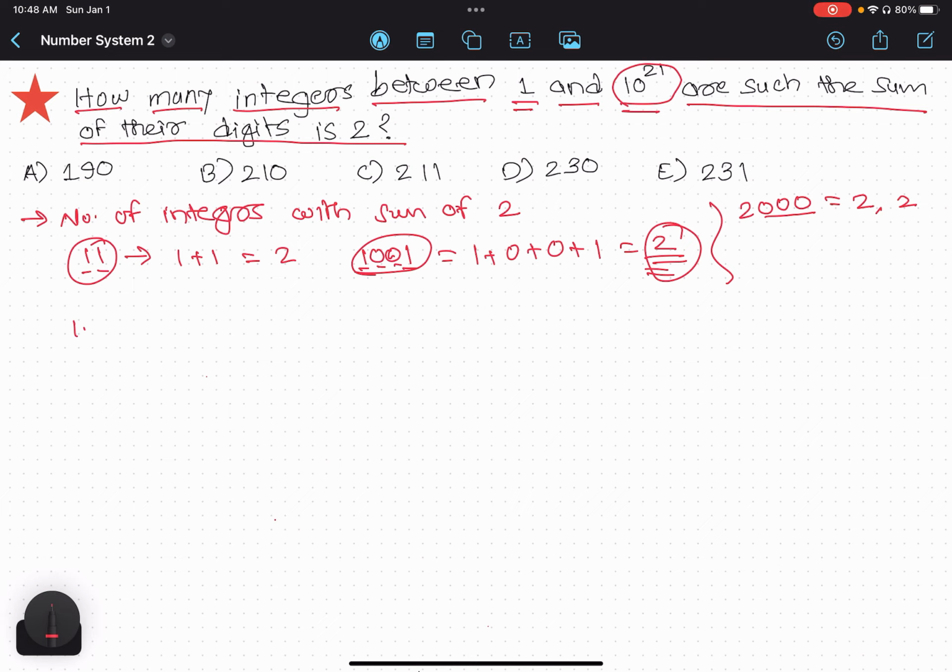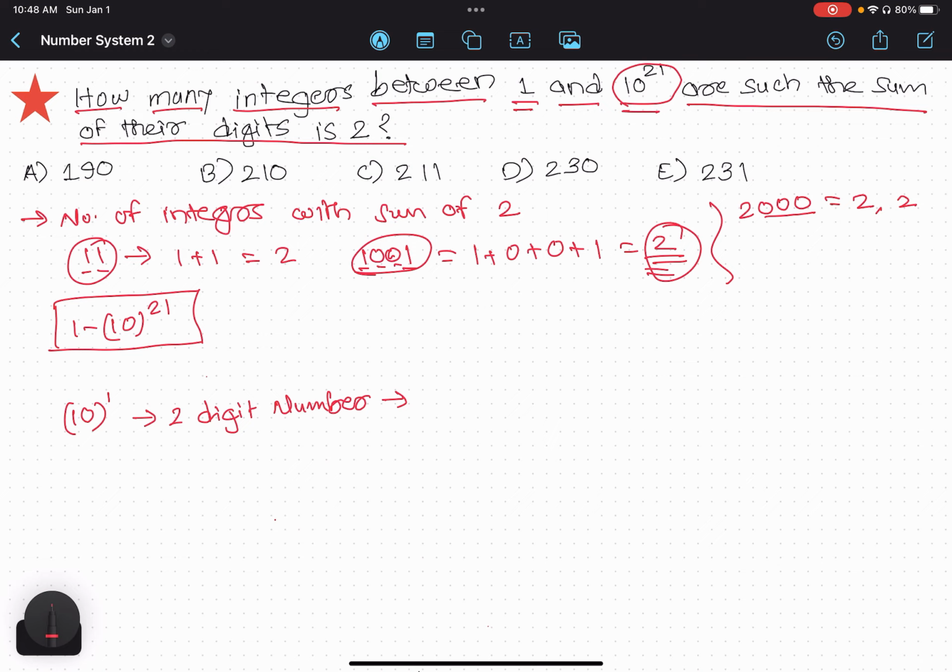We know our requirement is 1 to 10 raised to 21. What I will do is consider 10 raised to 1, which means 10. I will take two digit numbers.